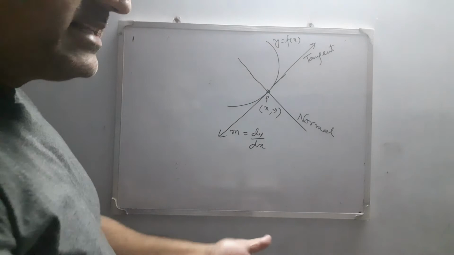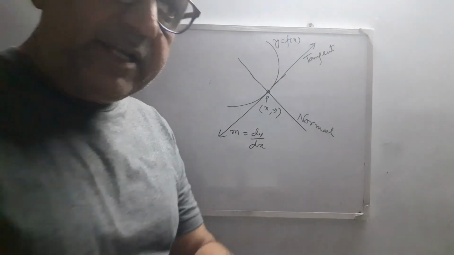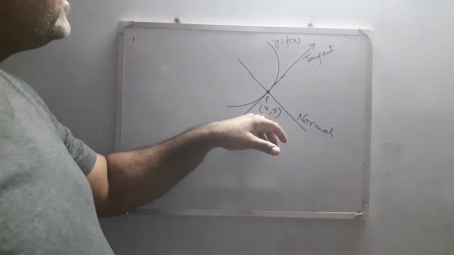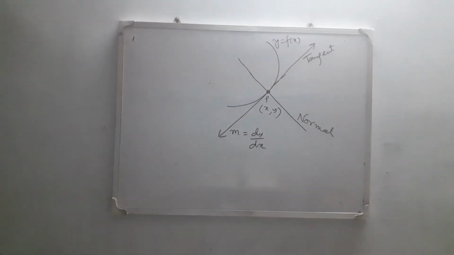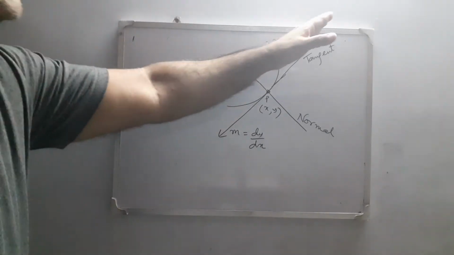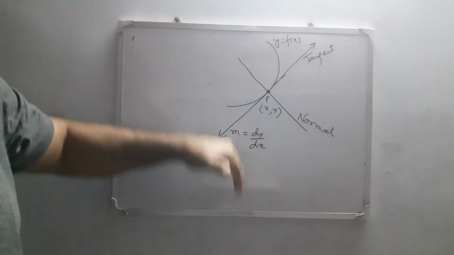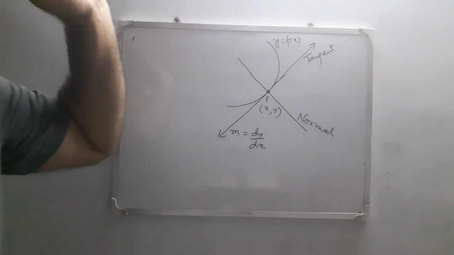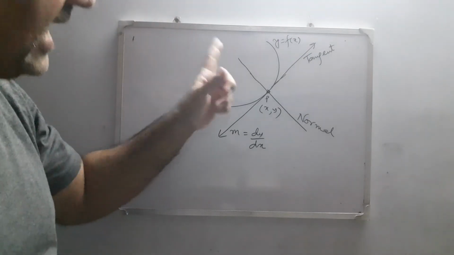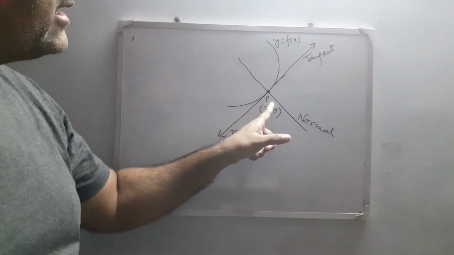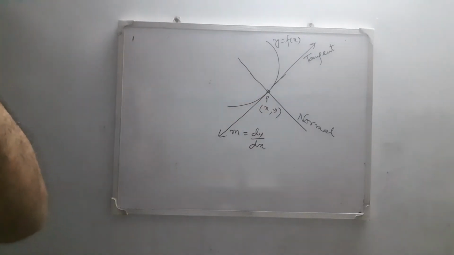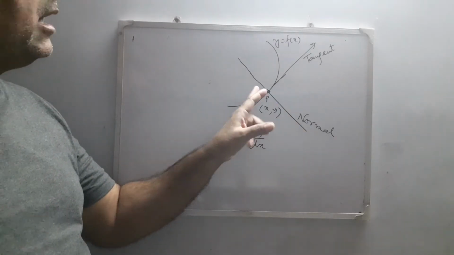So a normal is a line which is perpendicular to the tangent at the point of tangency. We have infinite number of lines which are perpendicular to this tangent. This line, this line, this line, so many lines are there. But that line which is perpendicular at the point of tangency is called the normal to the curve.